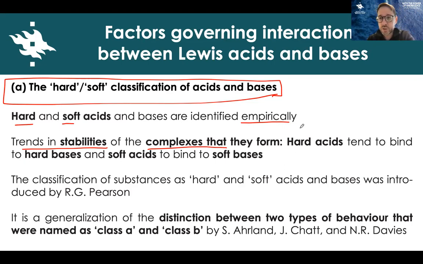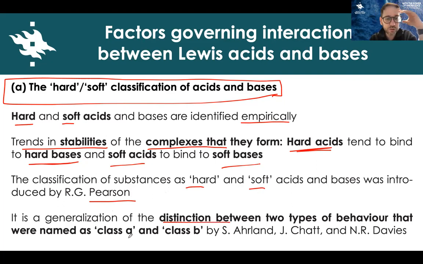And then the result of these observations is that species classified as hard acids tend to bind with greater stability to species classified as hard bases, and soft acids to soft bases. So these classifications of substances as hard or soft were introduced by Pearson, and it's a generalization of the distinctions between two kinds of behavior that were named originally as class A and class B, for example.